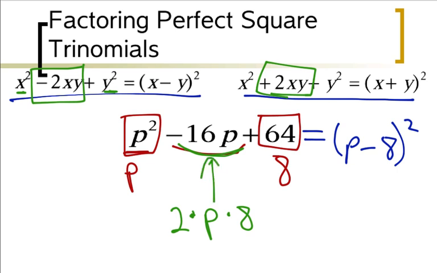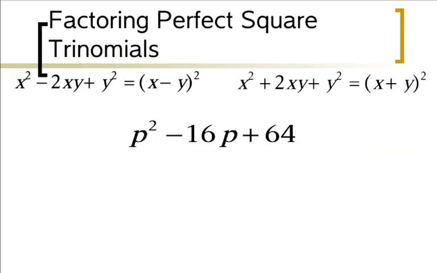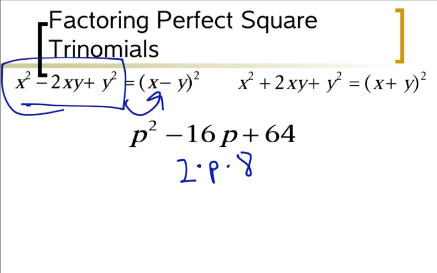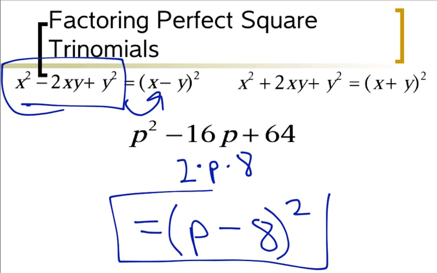So this follows this formula on the top left hand side, which means, since it follows the form of being 2 times the first number times the last number, I can use this form to jump straight to the answer of saying, alright, well, this is equal to the first number, which is just p, minus the last number. And by the number I mean the square root of each of those numbers, squared. And that's your answer. No more work involved, don't have to do the magic x.